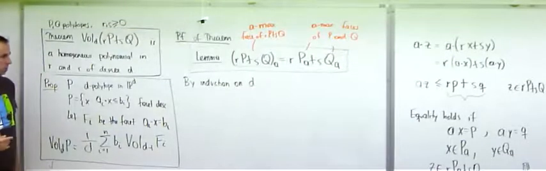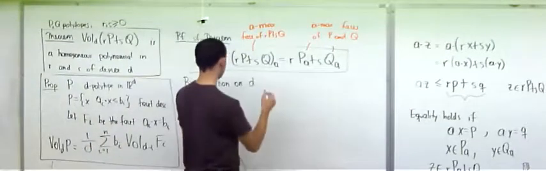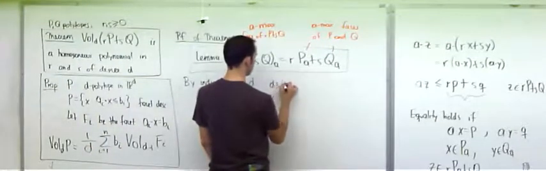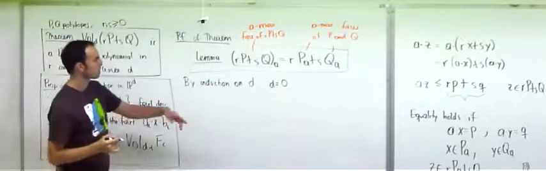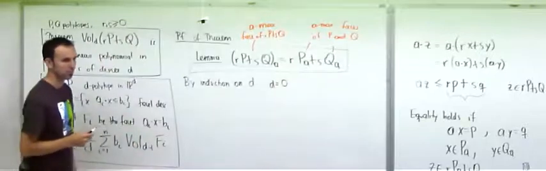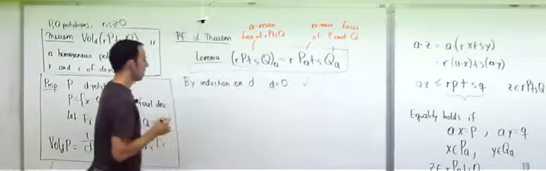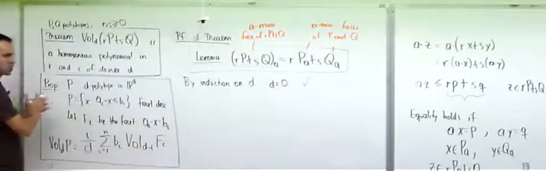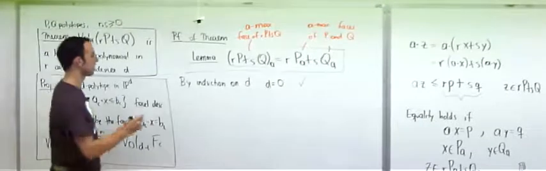You can do it for d equals 0, for example. For d equals 0, this is trivial because this is a point and a point plus a point, so every volume there is 0. And now, assume that you proved it for all dimensions less than d, and now let's prove it for dimension d.